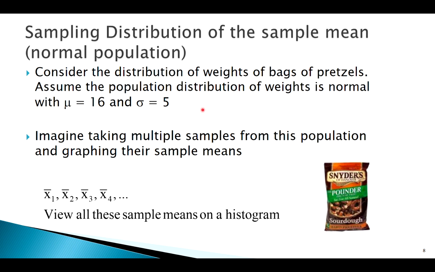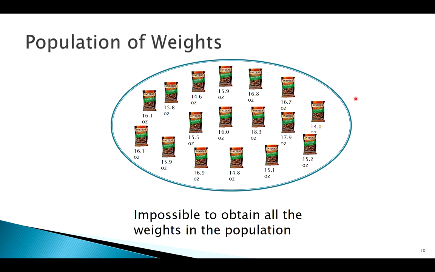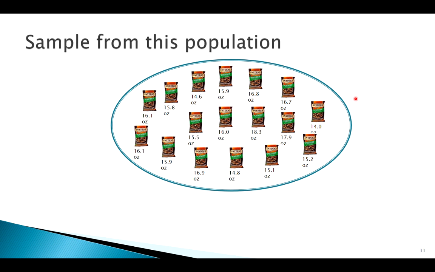Let's also assume that this distribution is normally distributed. We know how to deal with the normal distribution. So say this is our population that we're working with. Obviously, we couldn't go out and sample every single bag of pretzels on the planet, weigh them, and see if they actually average out to 16 ounces.